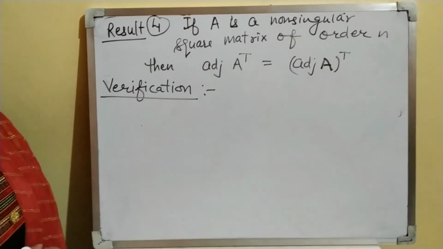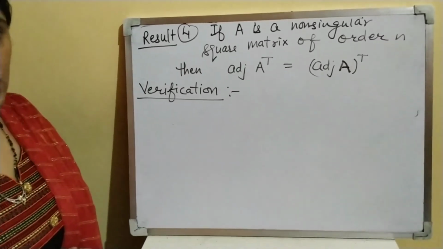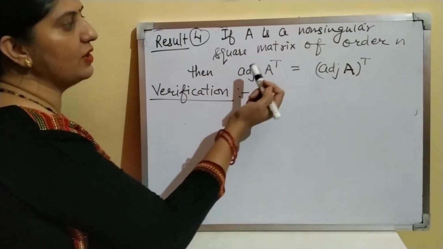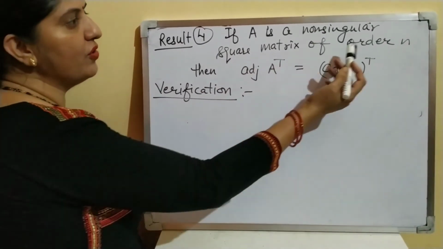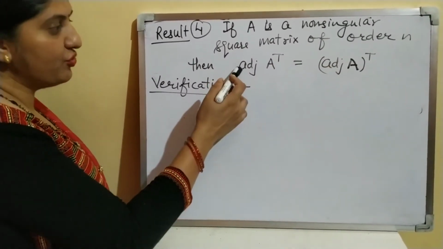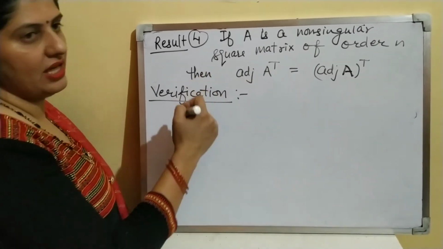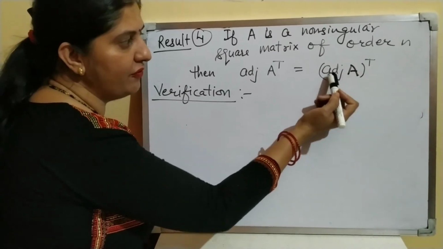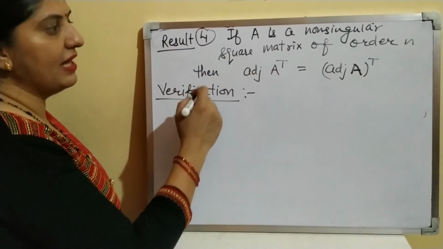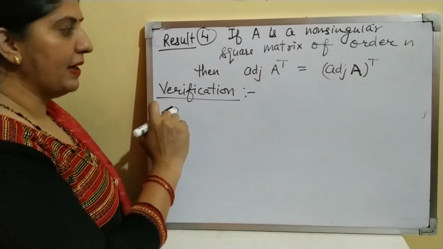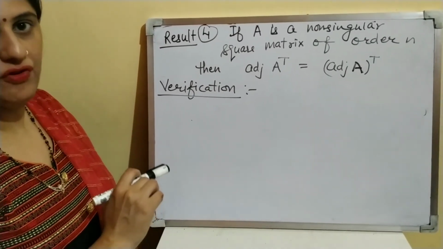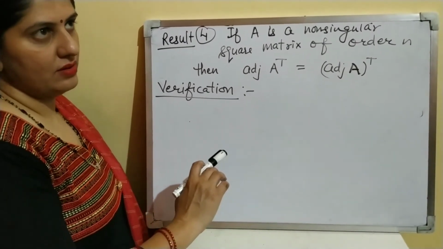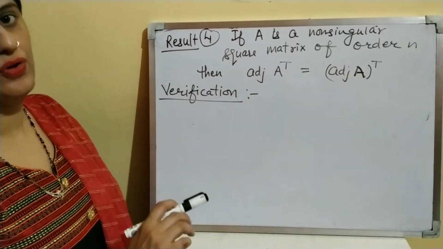Now we will discuss the next result related to the adjoint of a matrix. If A is a non-singular square matrix of order n, then the adjoint of the transpose of A is equal to the transpose of the adjoint of A. We can verify this result by using an example of a matrix of any order, order 2 by 2 or order 3 by 3.